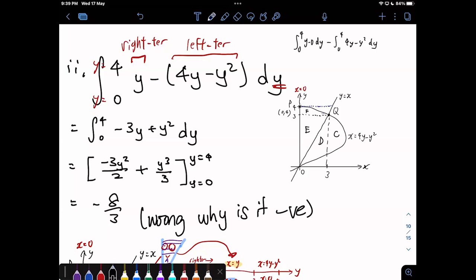And then I call this region G. This area that you found here is actually E plus F plus G. Can you see that? The area under the straight line, which is this right angle triangle, right? That means definitely wrong already. There's an extra area G that's not required.